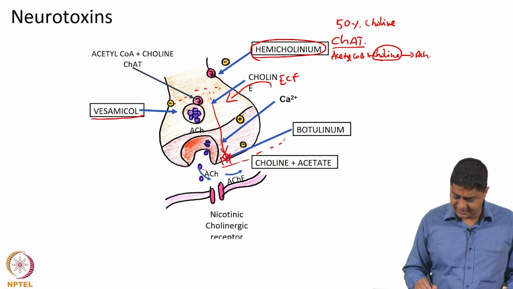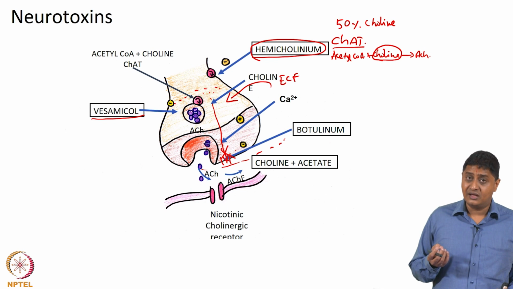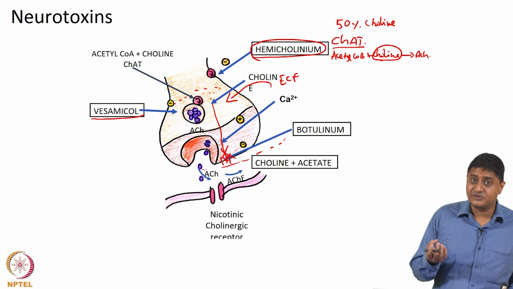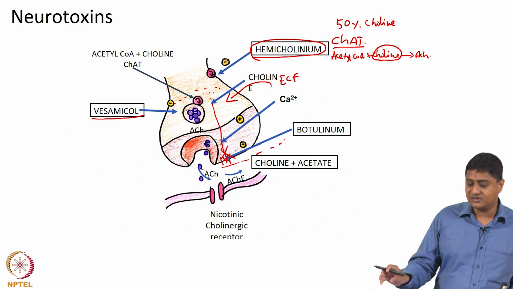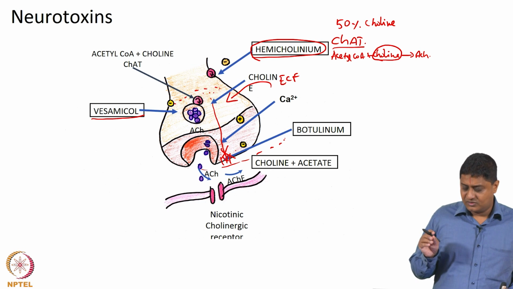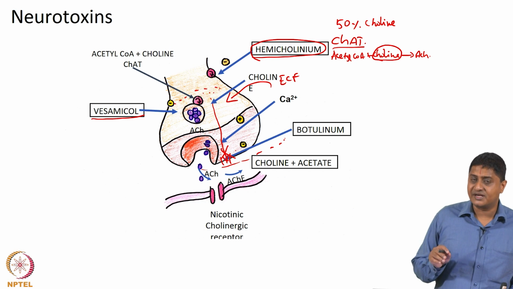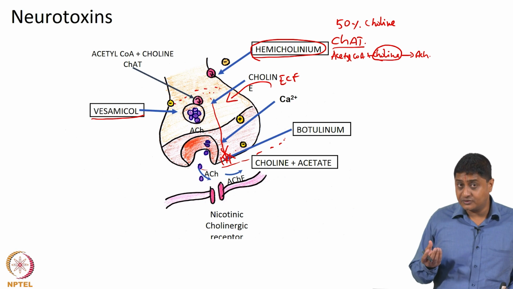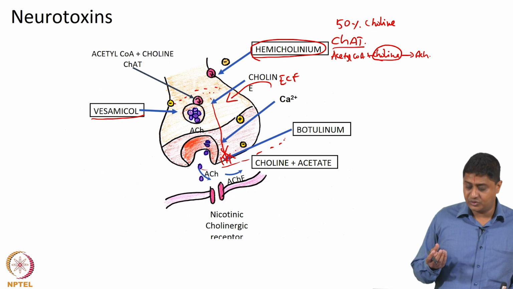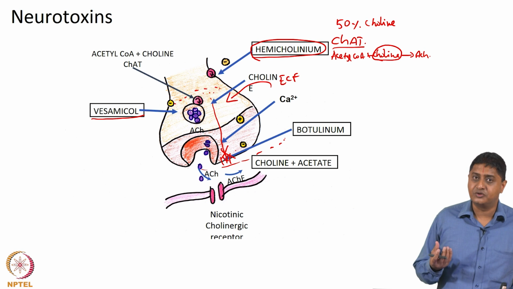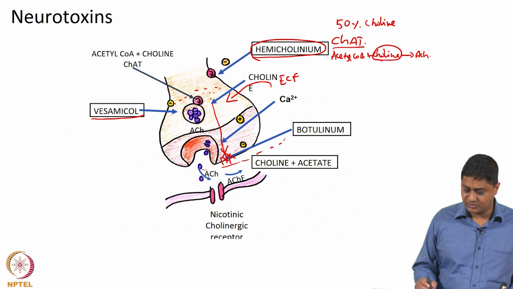It has to be packed into vesicles, and these vesicles must be in a position to detect the presence of calcium, then move and fuse with the membrane so as to exocytose acetylcholine. This is the mechanism through which acetylcholine leaves the presynaptic membrane, is it not? When acetylcholine is not packed into the synaptic vesicles, it is not possible for it to be released from the presynaptic terminal to the postsynaptic terminal.